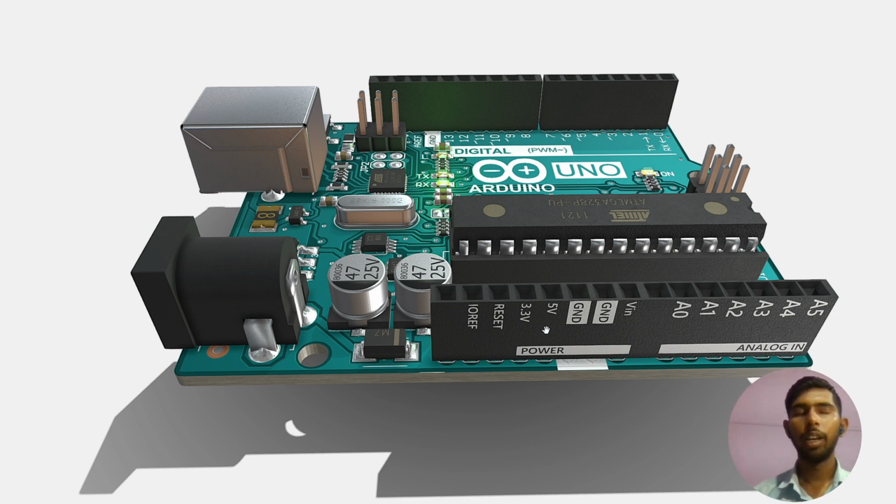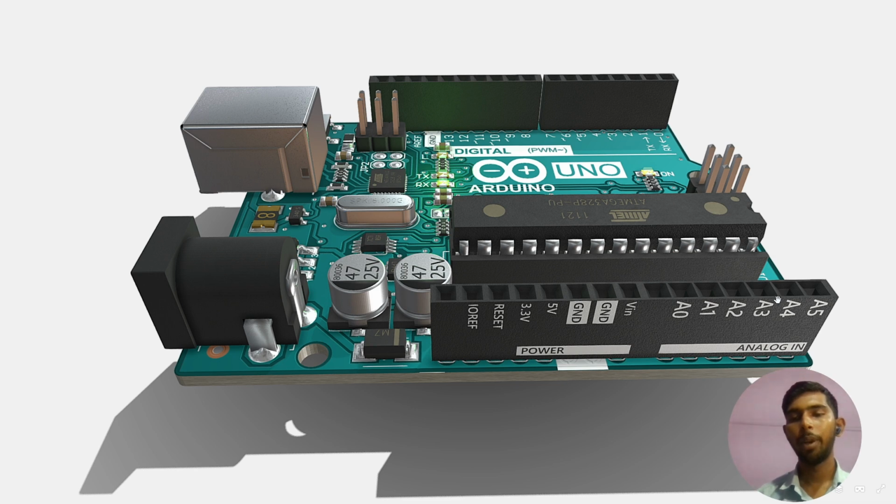Suppose we take the case of the geyser, as I mentioned earlier. If the temperature increases beyond its peak value, the geyser will turn off. Let me explain what I want to say.